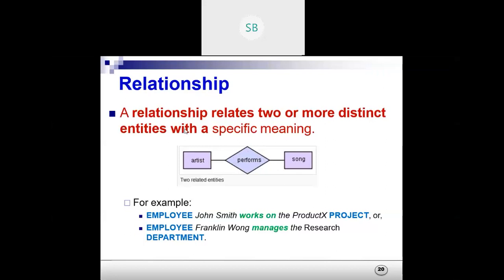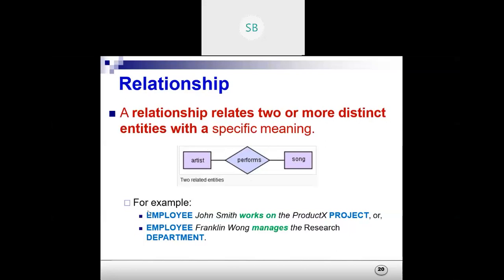So a relationship means relating two or more distinct entities with a specific meaning. You should always use a verb for the relationship. Suppose artist performs song. Performs is a verb, so this artist is related to song. How? Artist performs song.